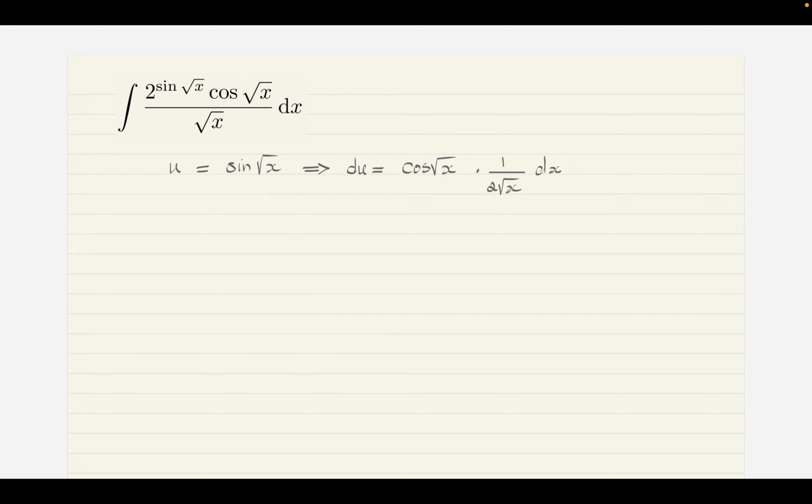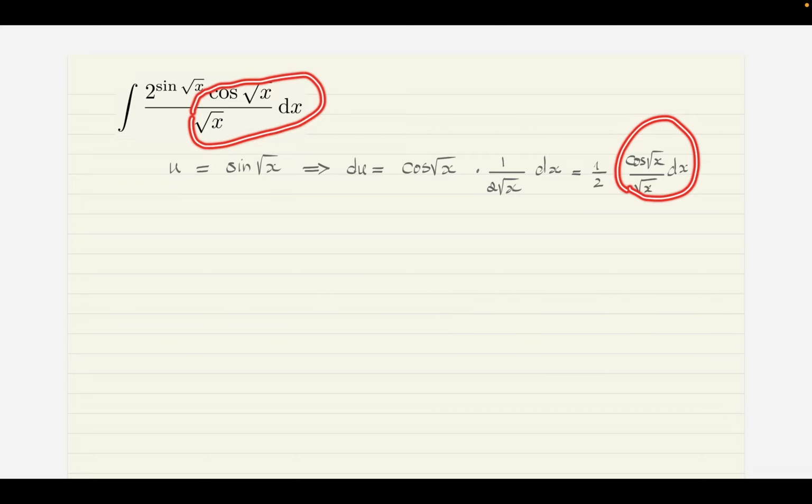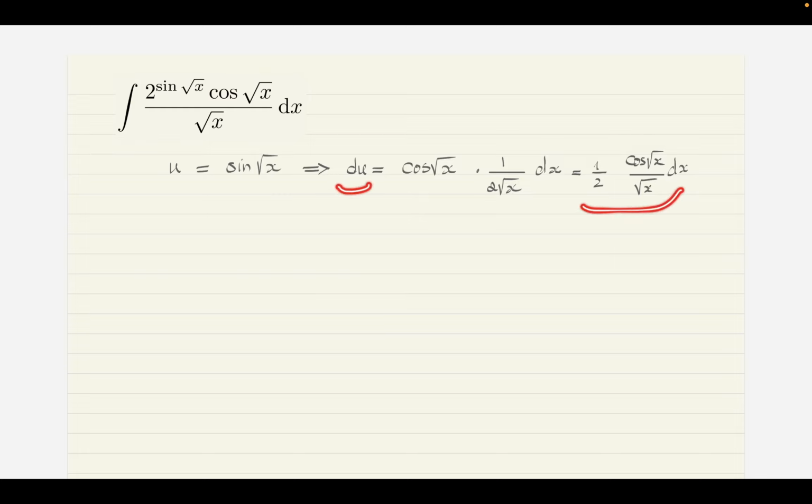So that is good, because if I combine it, it becomes 1 over 2 cosine square root of x divided by square root of x, then multiplied by dx. That's very good, because you see this expression is exactly this one. The only thing that I have to take care of is this 1/2, and that's not a big problem. I just multiply this and that by a factor of 2.